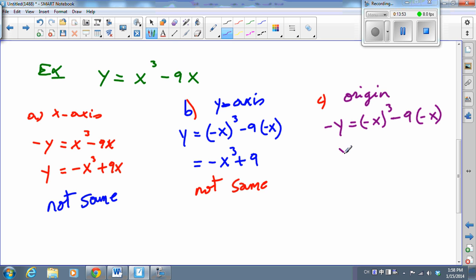Let's start by simplifying the right side: -x³ + 9x. Now let's multiply everything by negative to get y = x³ - 9x. Well, this time we have the same. So this equation has symmetry with respect to the origin.